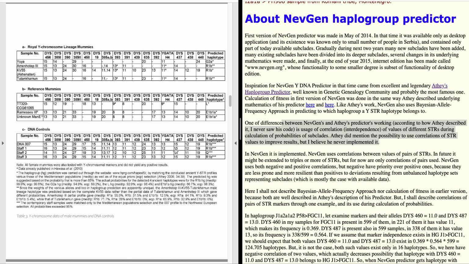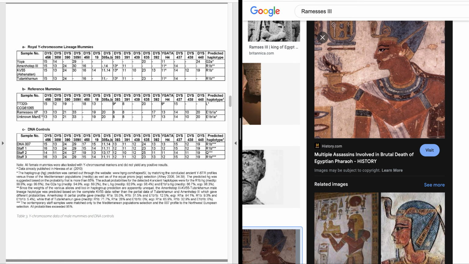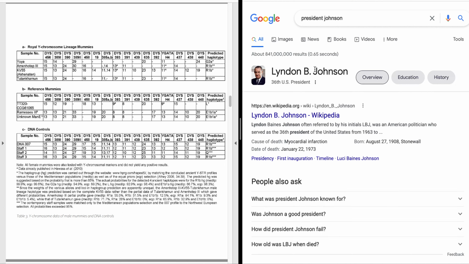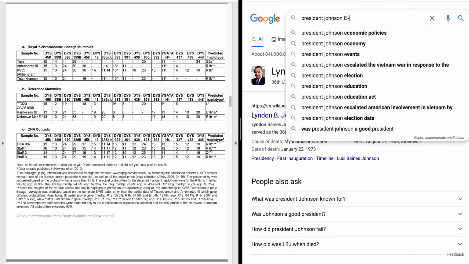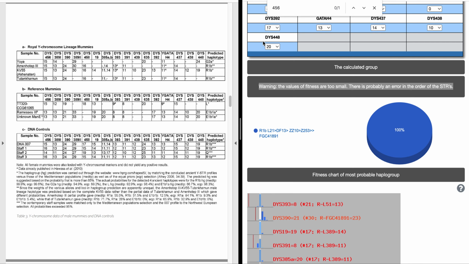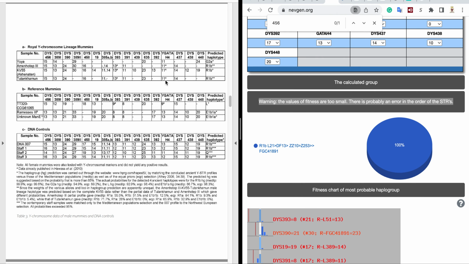That's like saying I'm a relative of the Wright brothers, Larry Page, or President Lyndon Johnson. So supposedly he belonged to E-V13. You can't say stuff like that because it's not true.